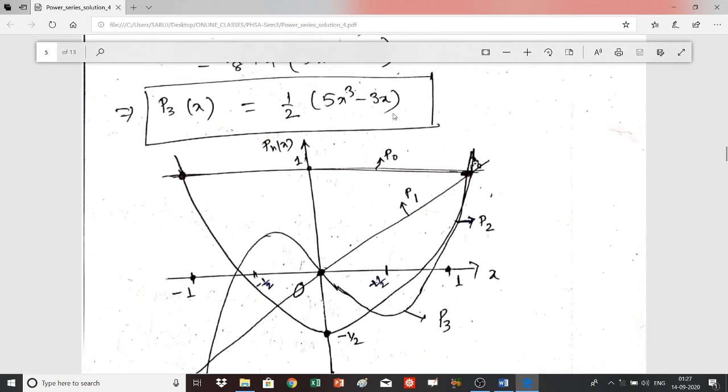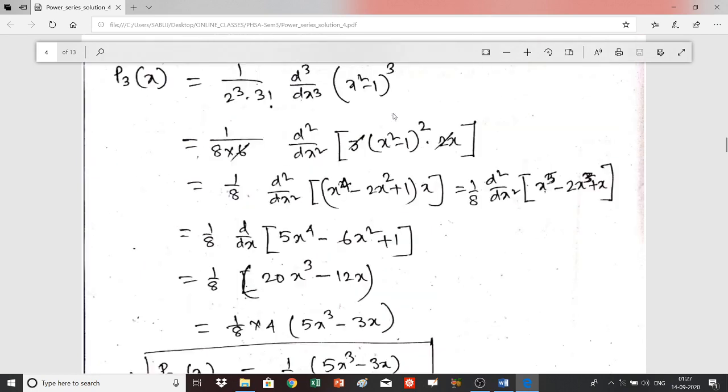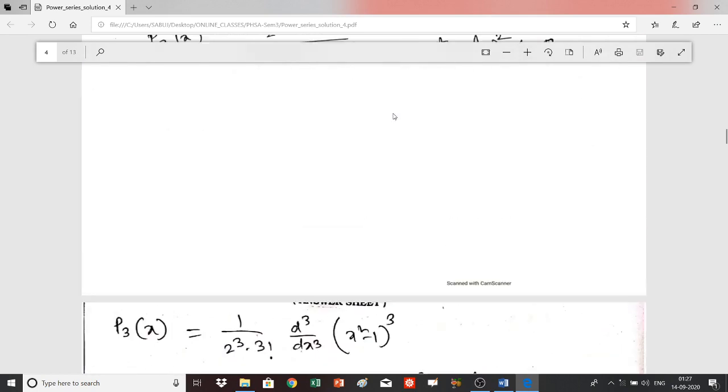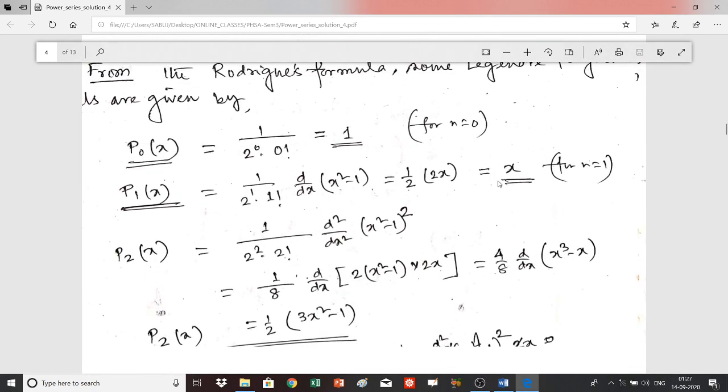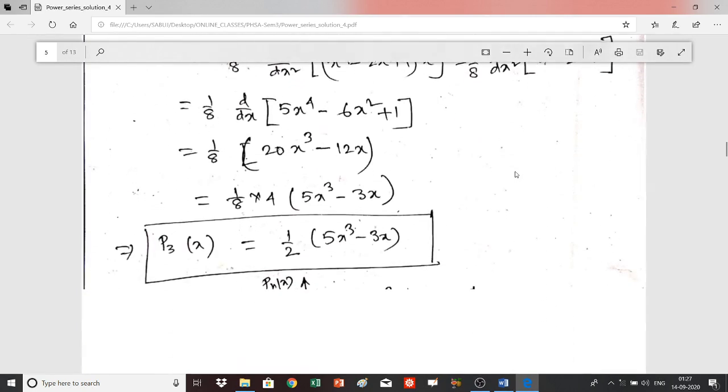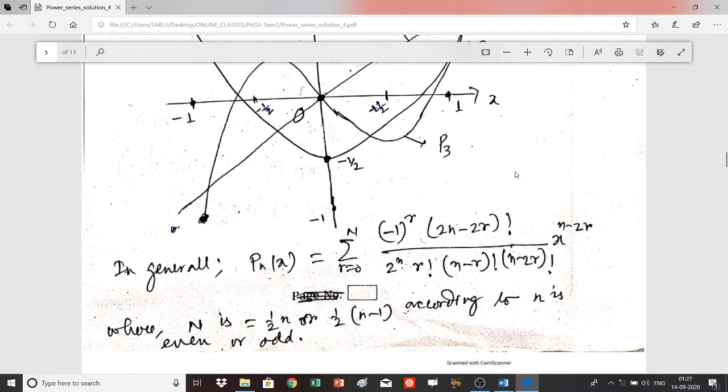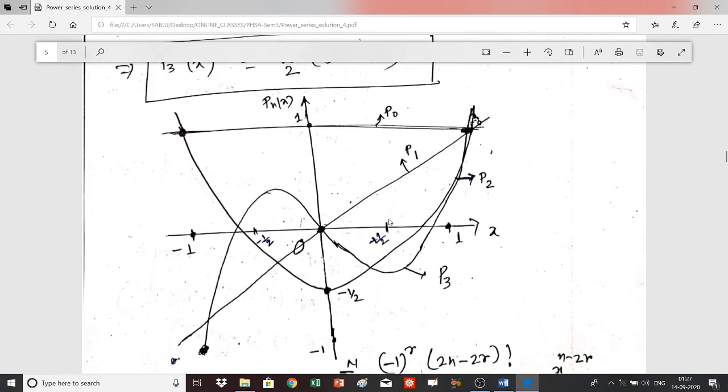Next, P1(x). What was P1(x)? P1(x) was x. So if x is half, then P1(x) will be half, and it is here.